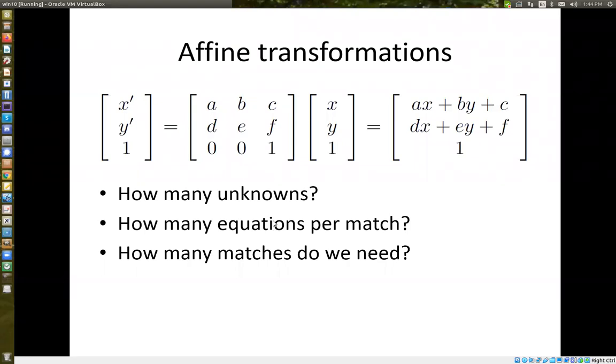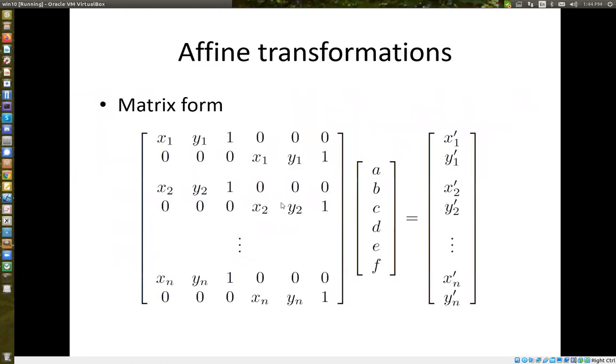Therefore each match gives you 2 equations, and you have 6 unknowns, so you need just 3 matches, right? But you can use more than 3. Then you are solving an over-constrained linear system, where you have more equations than unknowns.